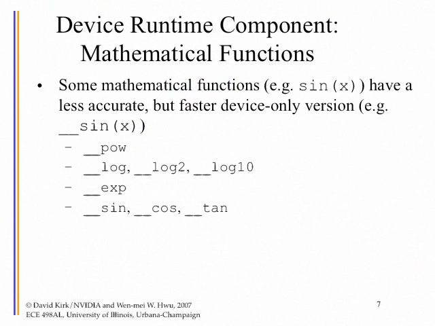There are some mathematical functions, such as the trig functions, that have less accurate but faster device-only versions. These are actually executed in hardware in something called the special function unit. These things can give you a very significant performance boost for certain things, especially medical imaging applications.